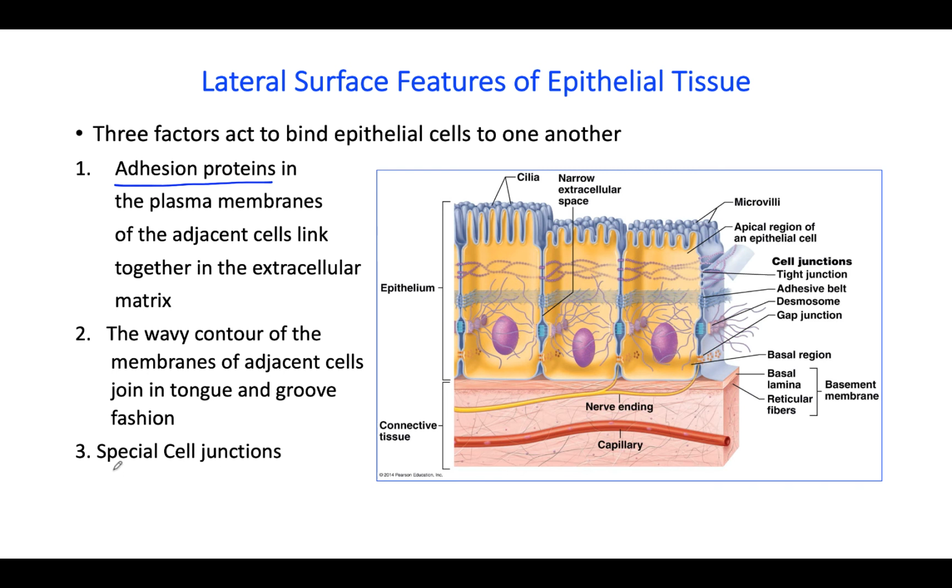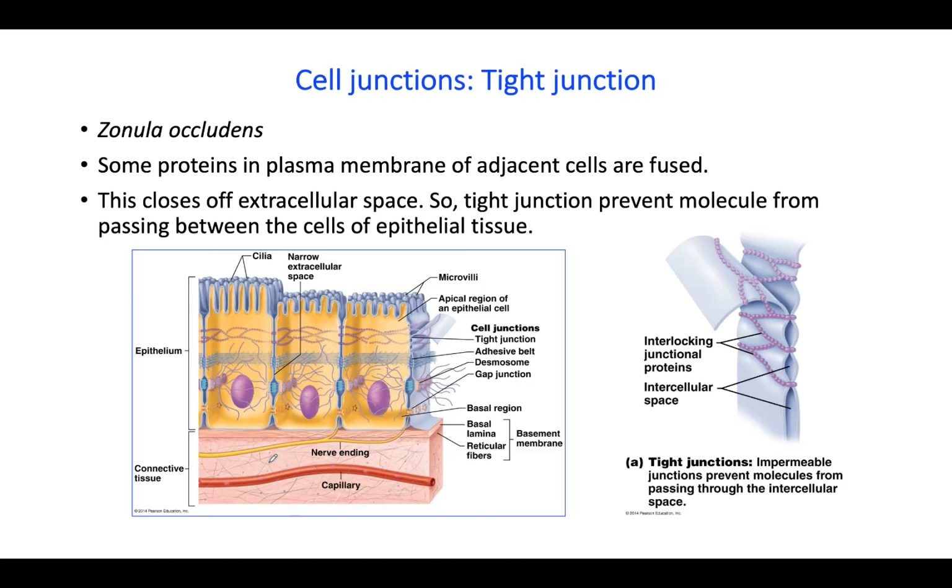Or there are special cell junctions. All these factors make epithelial cells put together. So we will study special cell junctions in more detail. One cell junction is called tight junction, zonula occludens.